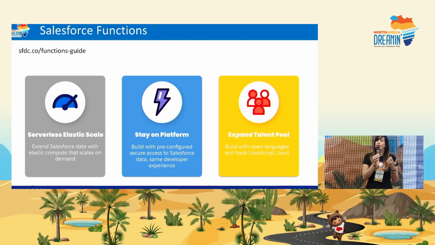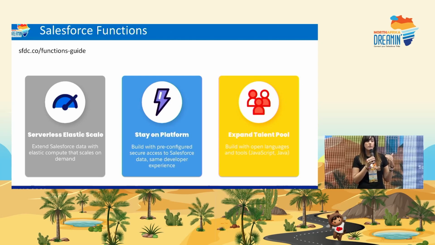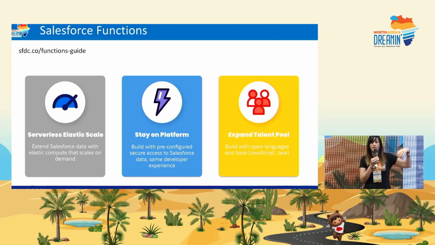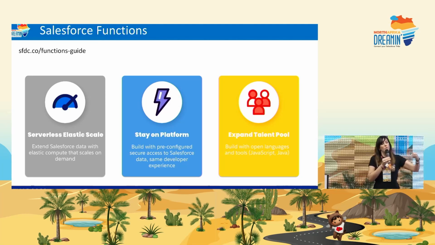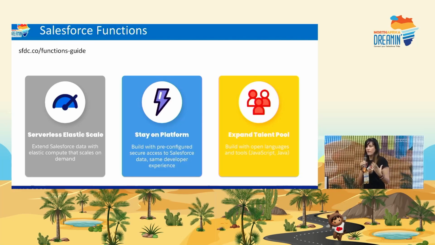Also, the developer experience is the same as you have with regular Apex or Lightning Web Components development. We wanted to do it the same way so that if you are a Salesforce developer used to our developer experience, you can rapidly get up to speed with functions.